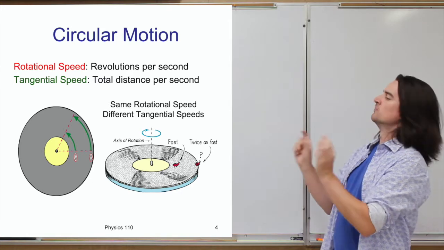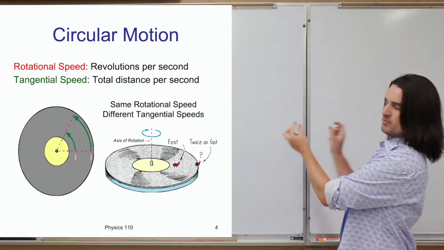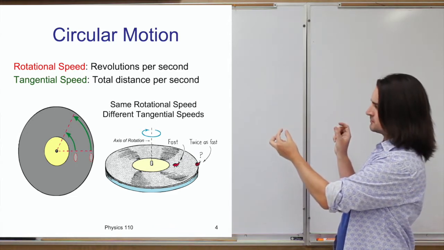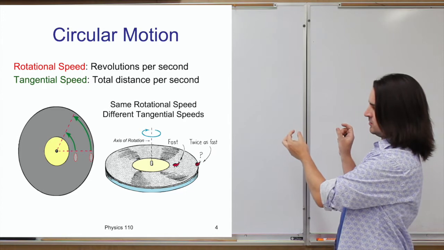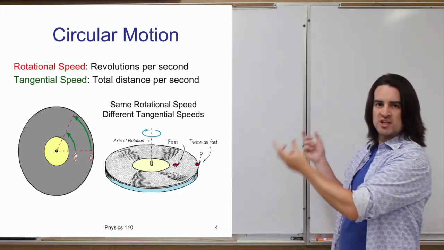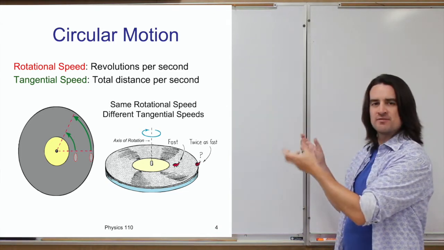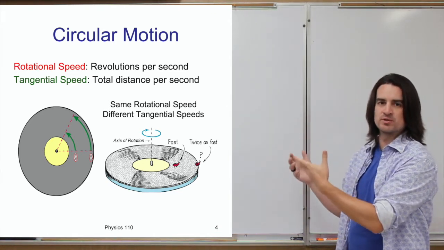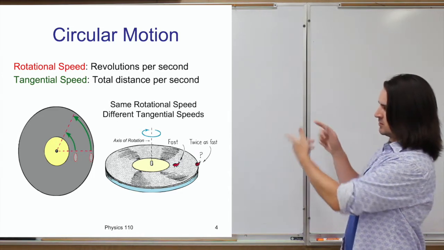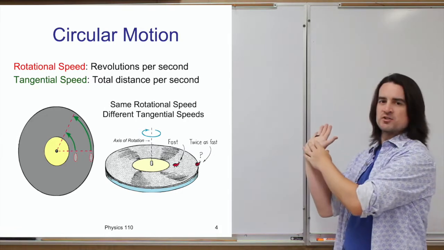If they're both just standing there, but they're at different distances from the axis of rotation, from the center of that record, then what's the difference in their rotational speeds? Do they have a difference in how many times they go around per second? Well, they don't actually, because the whole record is rigid.